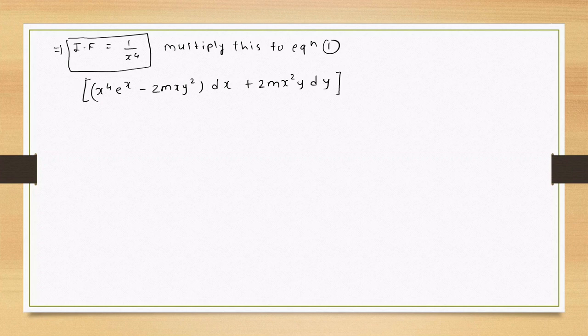We have to multiply by 1 upon x raised to 4 on both sides of equation number 1, 1 upon x raised to 4 into 0.